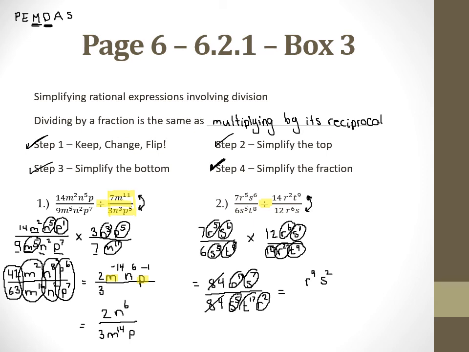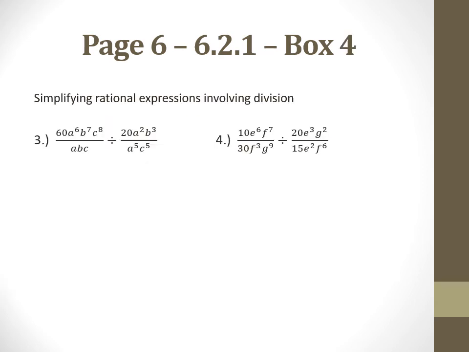And this t to the 17th doesn't have anything to combine with, so it stays right where it is in the denominator. And now I have nothing with a negative exponent. 9, 2, and 17 are all positive, so that is my final answer. R to the 9th, s to the 2nd, divided by t to the 17th.